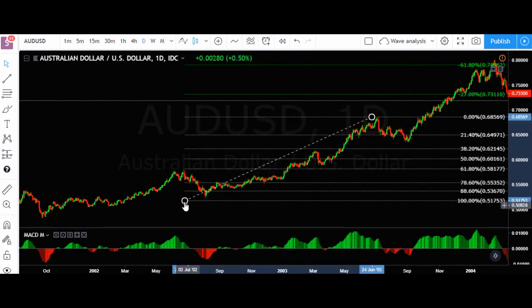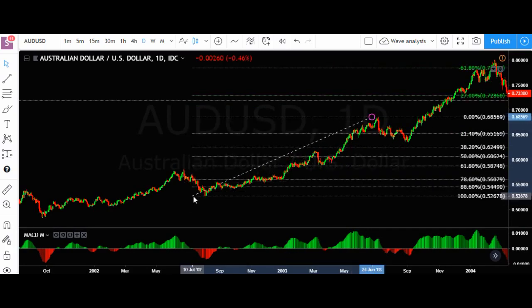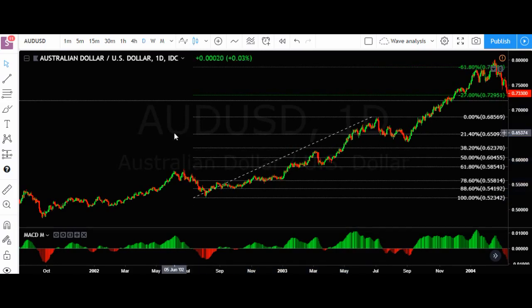There's your proper correction. Just put it properly here. There. So here was your next impulse move up. There was your correction, a very easy correction to have traded. And as you can see, this actually went straight to the 61% extension.